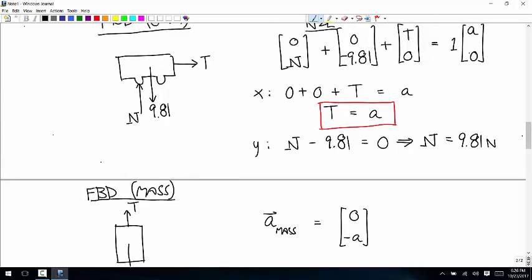When we solve this, in some cases you'll calculate that a is negative. So let's say we did this calculation and got that a is equal to negative 2. That means the acceleration of the cart is negative 2, 0.